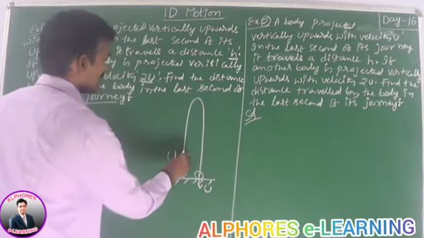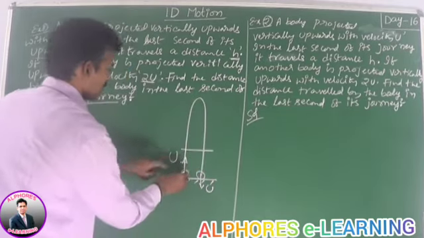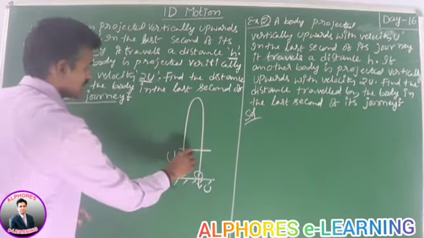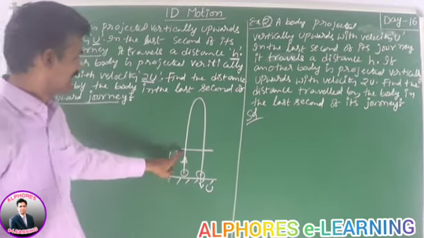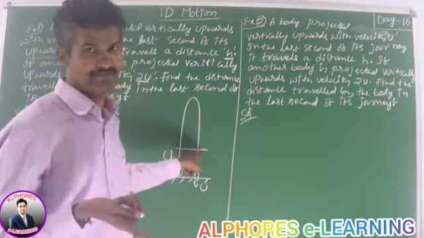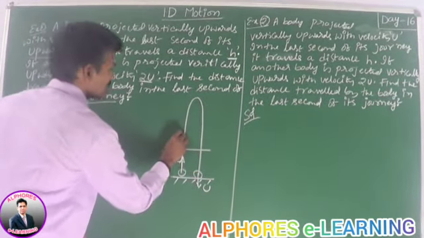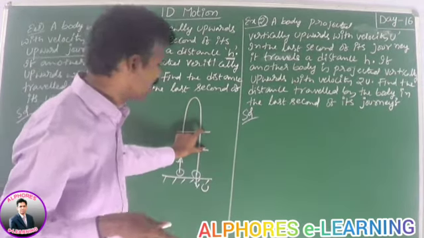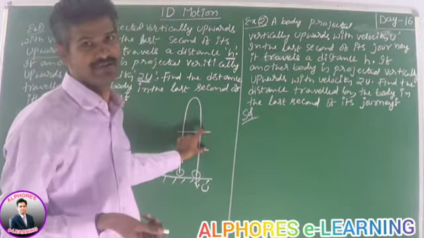So at every 1 second, distance traveled by the body in the first 1 second is equal to distance traveled by the body in the last 1 second. At the same time, distance traveled by the body in the second is equal to distance traveled by the body in the last but one second.